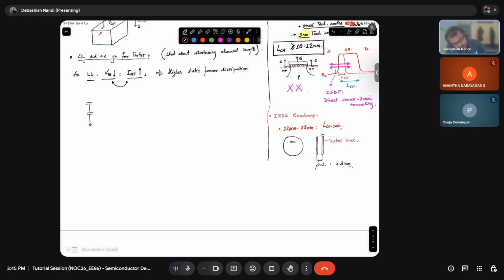So do you agree to this diagram? This is your gate. This is your channel. This is your ground. This is C depletion. This is C ox. And if the potential here is delta VG, the potential here is delta psi S. Are you familiar with this?